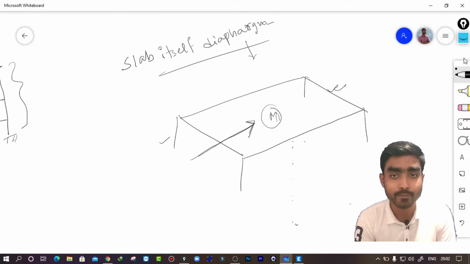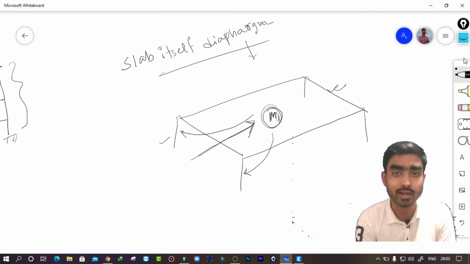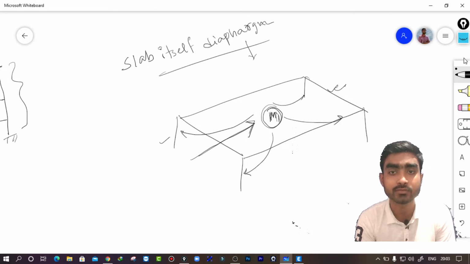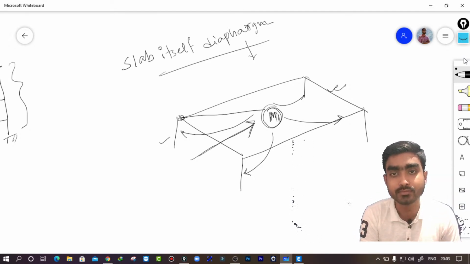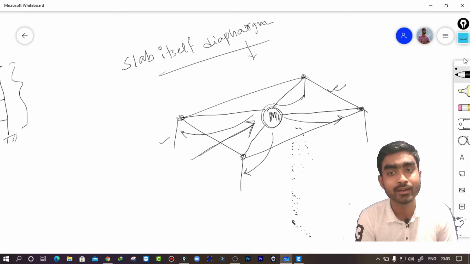So now if the lateral load is acting on this lumped mass, that means at the floor level, from this floor level this force should be transferred to the corresponding lateral force resisting members. So what diaphragm does, diaphragm binds every single point at this floor level, to make it a lumped mass.